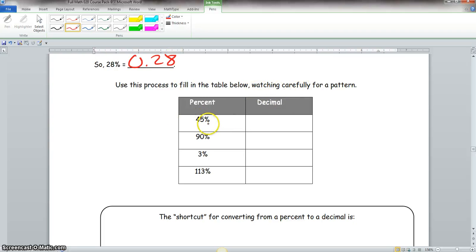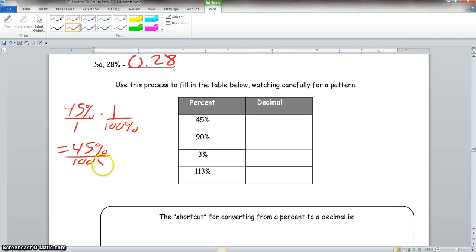We have 45%. Now we know this is really 45% times 1 over 100%. So we could put this over 1, so it'd be 45% over 100%. Okay, now we know these percent signs will simplify out.